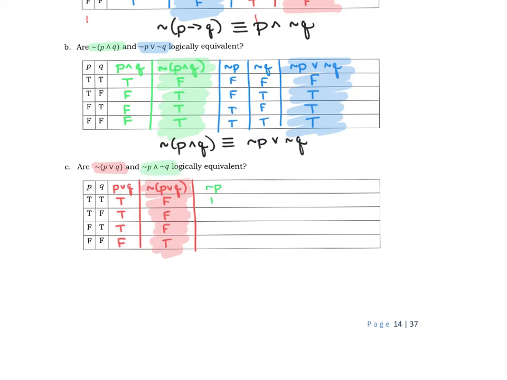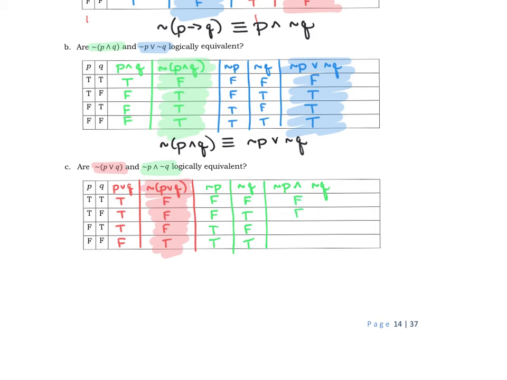Then next we're going to look at not P and not Q. So not P would be false, false, true, true. Not Q would be false, true, false, true. And then not P and not Q is again going to look at those last two columns that I just wrote, the ones in green. And for an and to be true, we need both not P and not Q to be true.